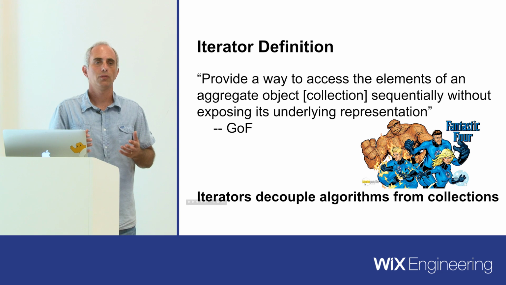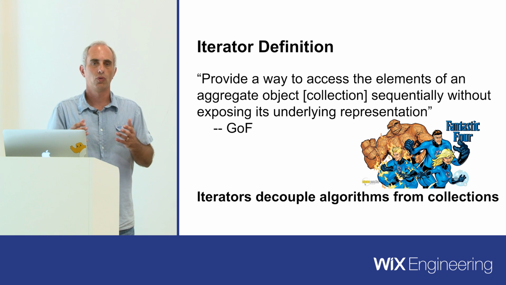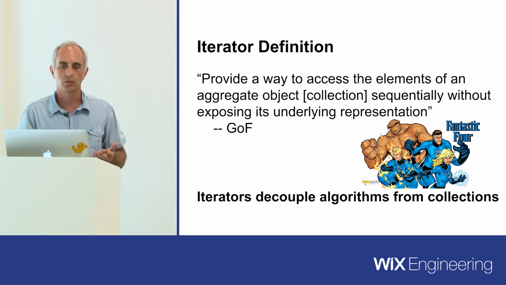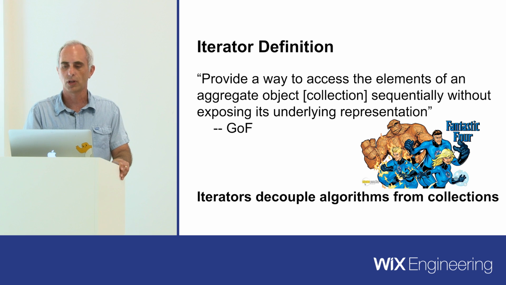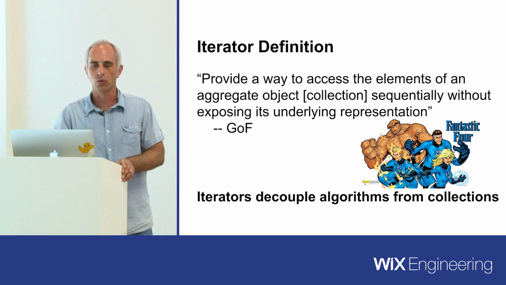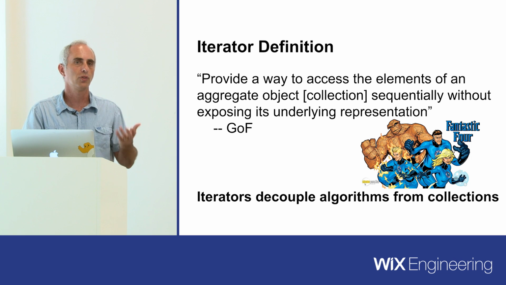The solution for this problem of not having algorithms for all the collection types which I have is in the form of an iterator. An iterator is actually a design pattern. For those of you who've read the Gang of Four, I've used the Fantastic Four image here, but it's actually the Gang of Four. For those of you who've read their book on design patterns, they introduce an iterator design pattern.